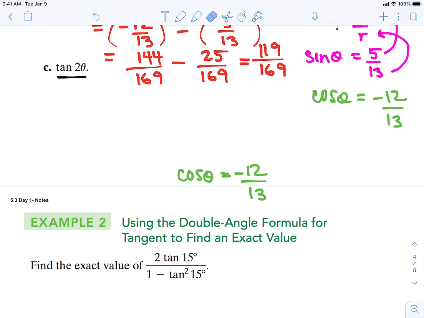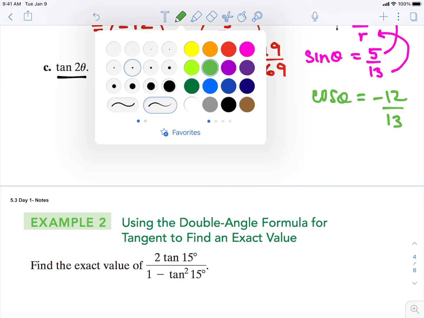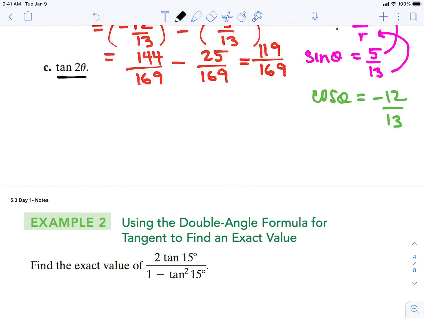All right, so we have some room to write. So the formula for the tangent of 2 theta is 2 tangent theta over 1 minus tangent squared of theta.